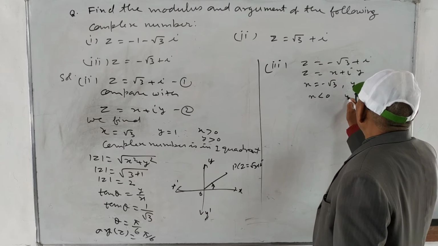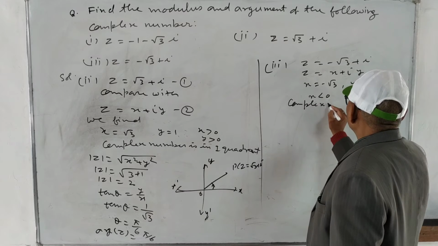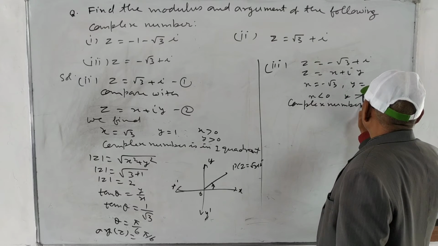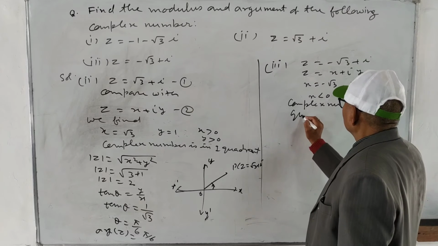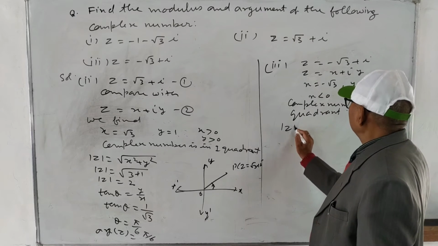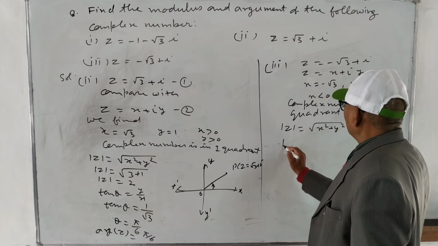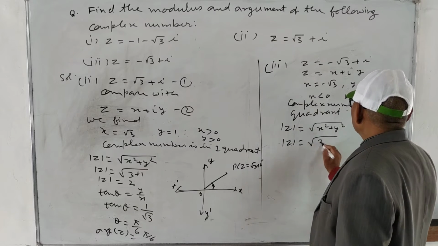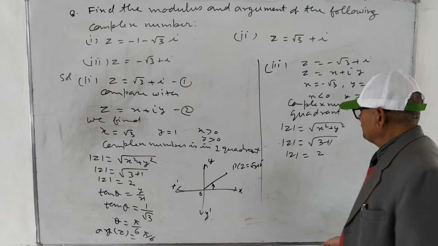X is less than 0, y is greater than 0. The complex number is in the second quadrant. So now mod z equal to under root x square plus y square. Mod z equal to 3 plus 1, mod z is 2. Your modulus is 2.